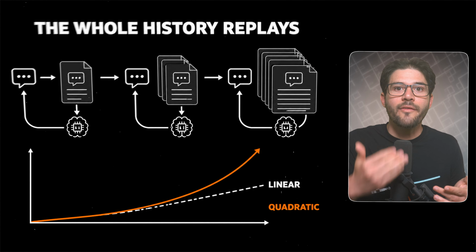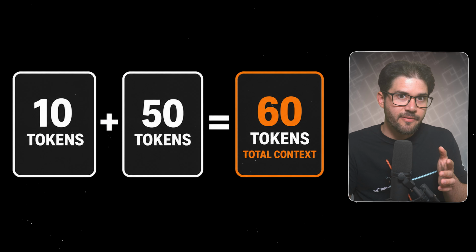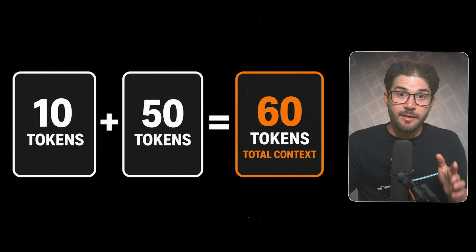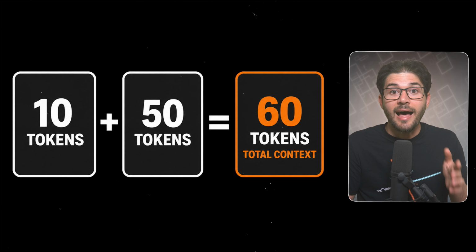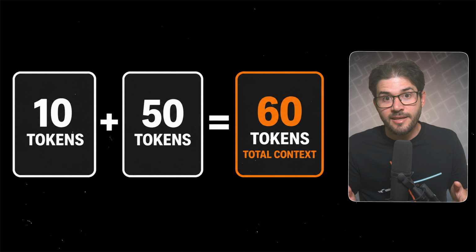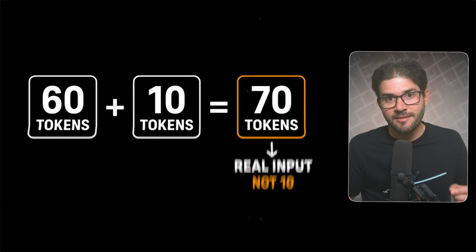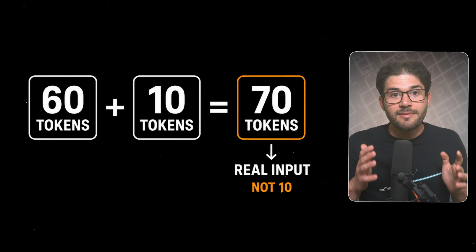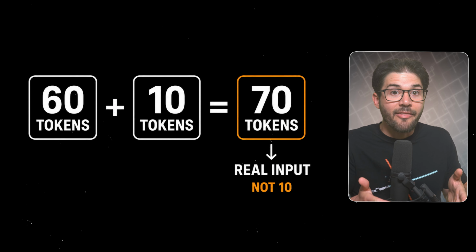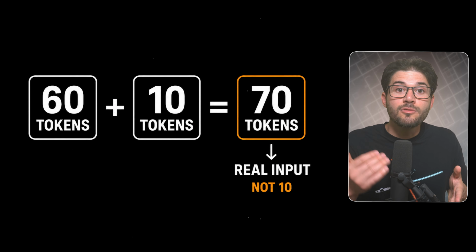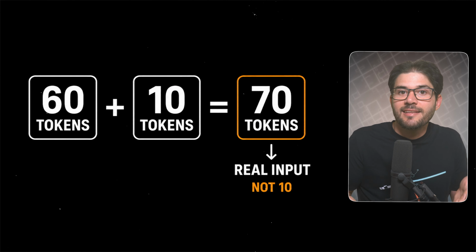This means the token cost doesn't scale linearly. It scales quadratically. For example, you send a 10 token prompt, the model gives a 50 token answer, and the total context is now 60 tokens. Now, you send a new 10 token follow-up, and the input sent to the model isn't 10 tokens.